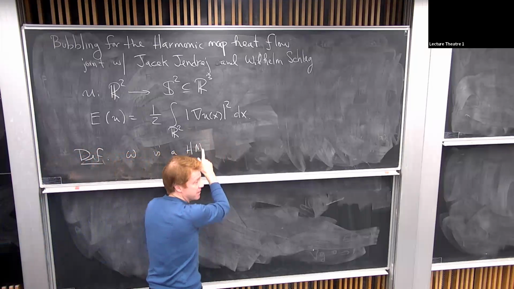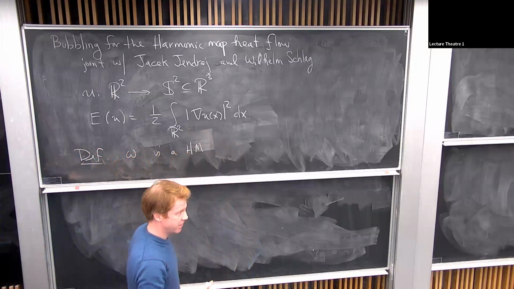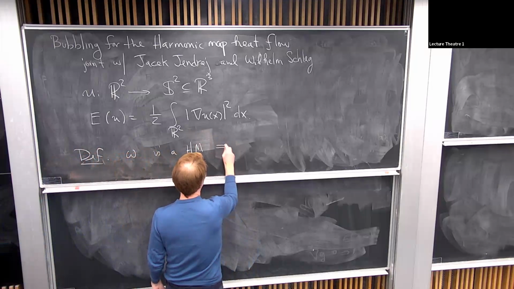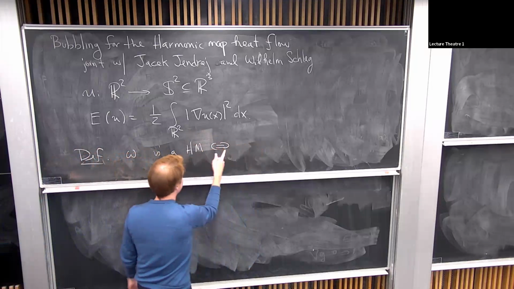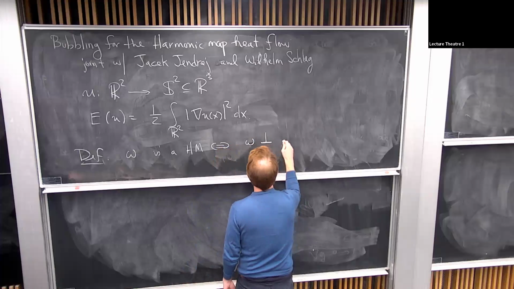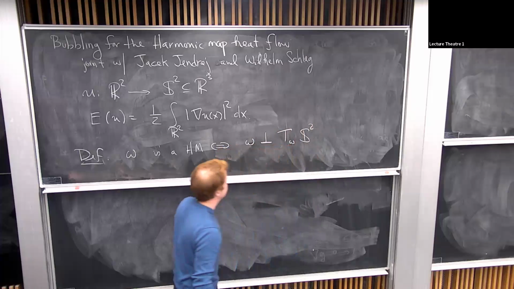if and only if it's a formal, so I'll be a bit vague for a second, stationary point for the energy functional. You can find the Euler-Lagrange equations, and you see that the requirement is that the Laplacian of omega be perpendicular to the tangent space of S2 at omega.